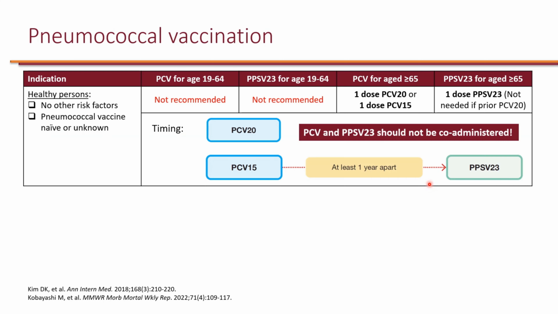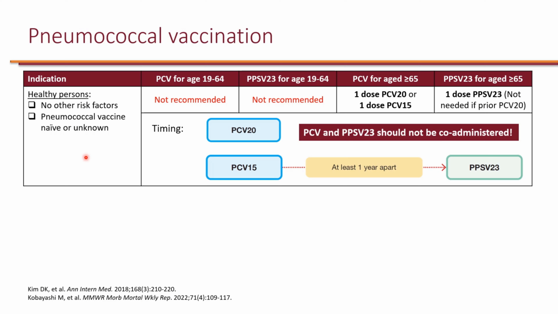So here are the recommendations for receiving the pneumococcal vaccination. In general, we can think of healthy persons with no risk factors for getting pneumococcal disease, and then of course those who have risk factors, and we'll go over what those risk factors are. First, this is for individuals who have not received pneumococcal vaccines before, because pneumococcal vaccine is also part of childhood immunization nowadays, but for a lot of adults, childhood immunization was not available at the time they were children.